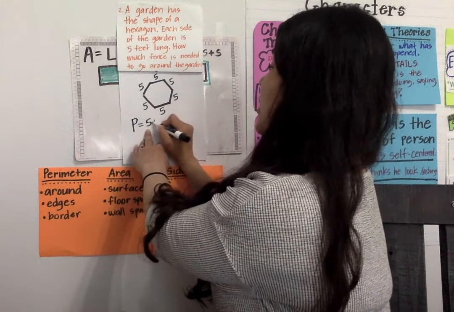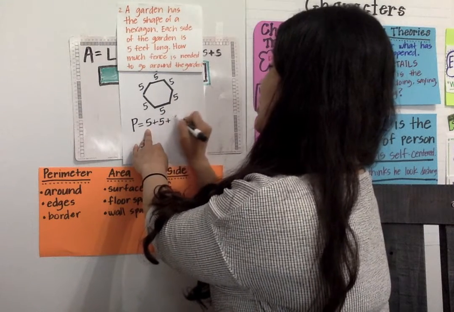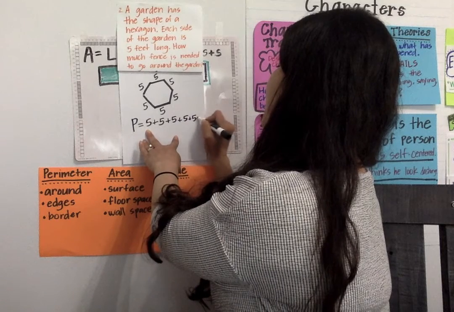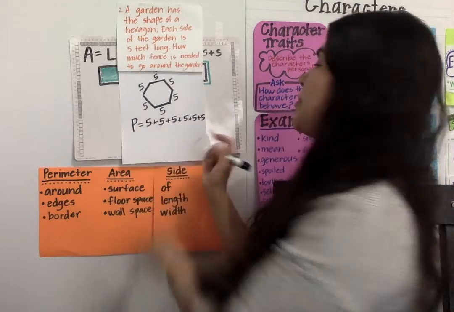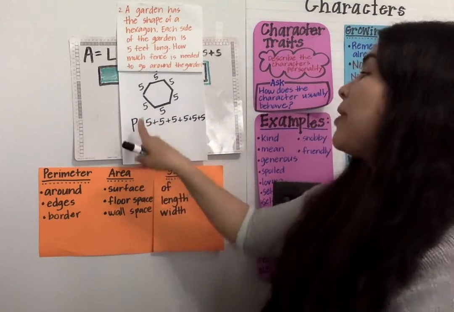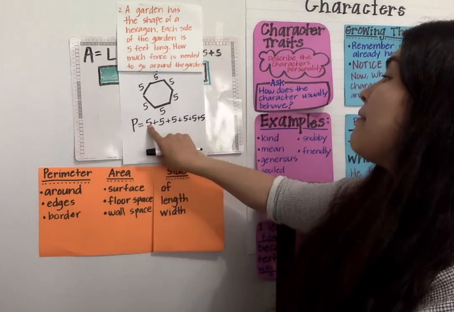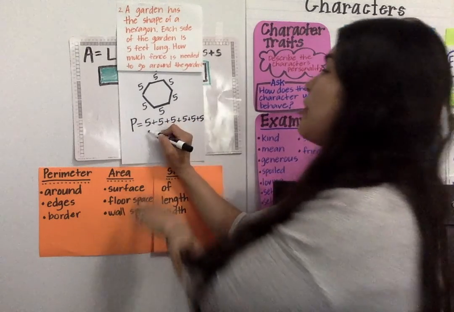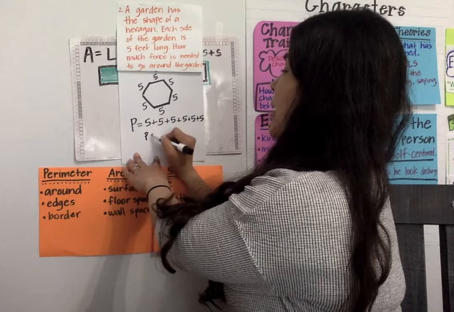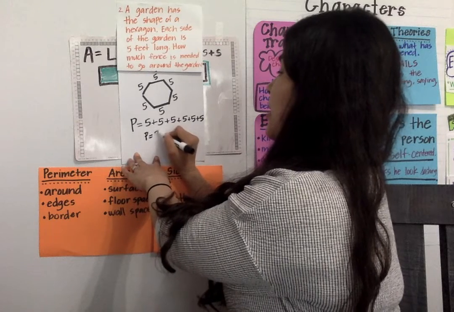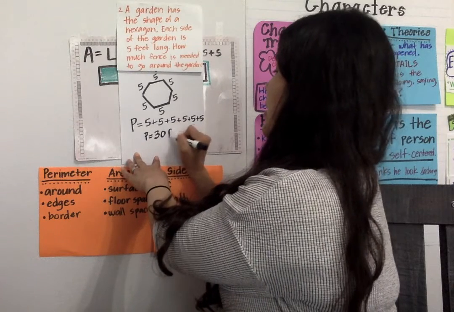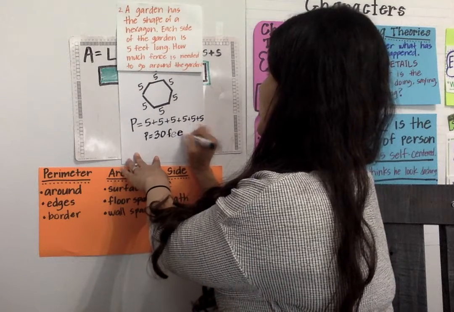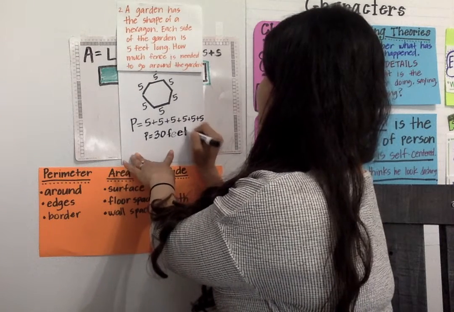I can just count by 5s to get my answer. 5, 10, 15, 20, 25, 30. So the perimeter of this hexagon is 30 feet.